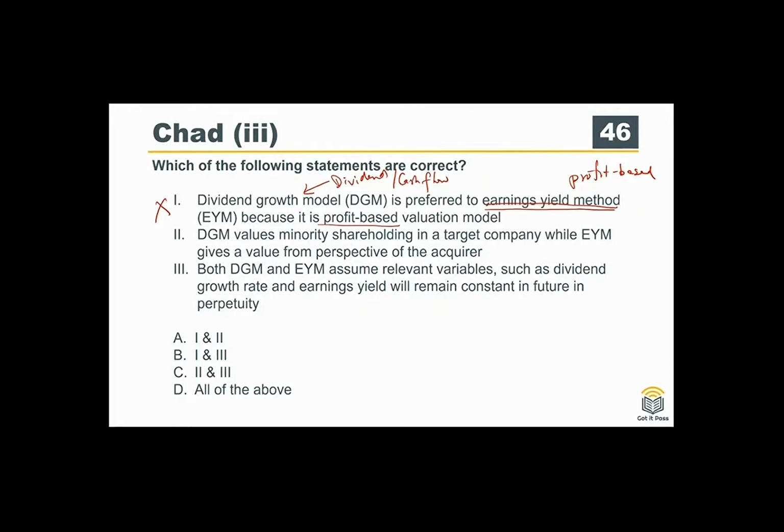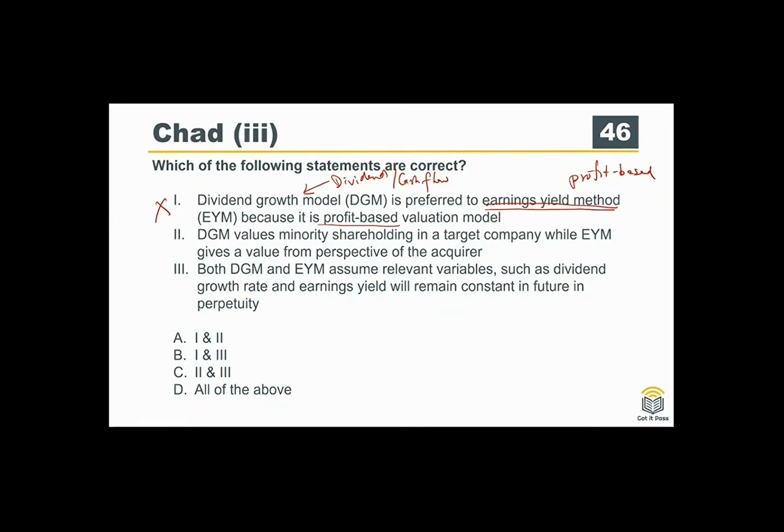But the earnings yield method is preferred in a company acquisition, especially when acquiring a controlling interest, because the earnings will be consolidated in the acquirer's financial statements, and they also have the right to utilize the earnings as well as the cash flow generated from the business.